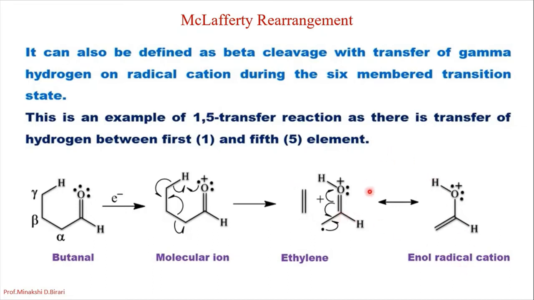If we consider the resonating structure, this will be stabilized and we will get the formation of the enol radical cation. So the McLafferty rearrangement can also be defined as beta cleavage with transfer of a gamma hydrogen on the radical cation during the six-member transition state.